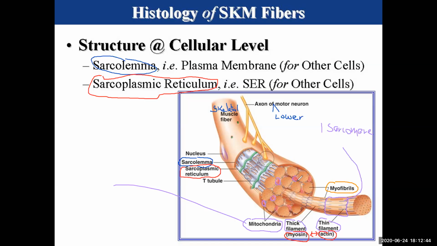So this cell is dedicated for generating contraction. So the entire sarcoplasm is myofibril and mitochondria. So those are the two important, predominant structures that are obvious and they stand out in terms of sheer number, the myofibril and mitochondria.